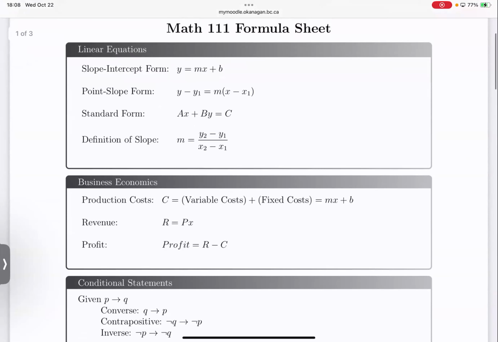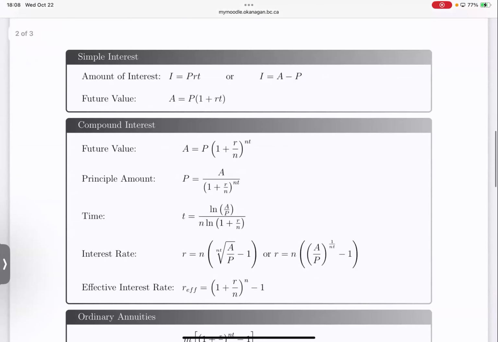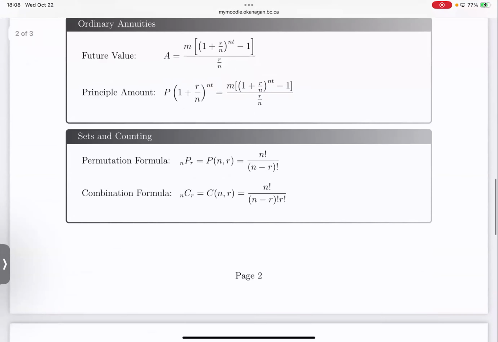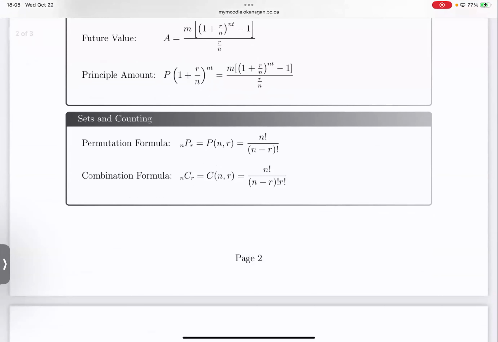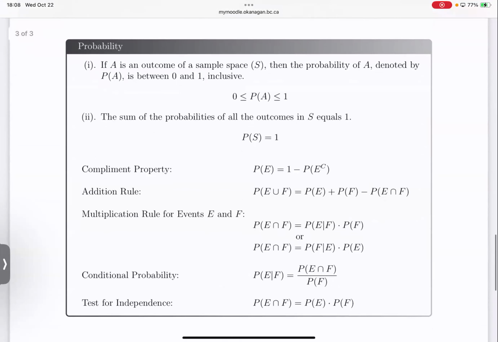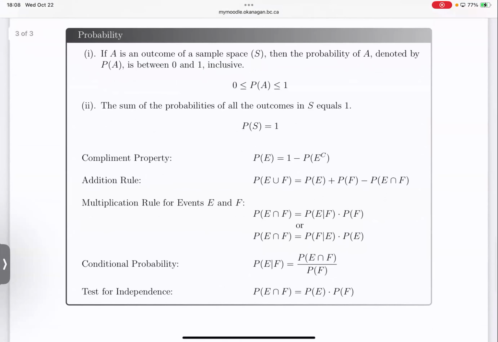But how it works out is the test 1 material is on the first page. Then we have the test 2 material on the second page. And then finally, we have the stuff that will be new for the final exam on the 3rd page. And so it broke up kind of nicely anyways.